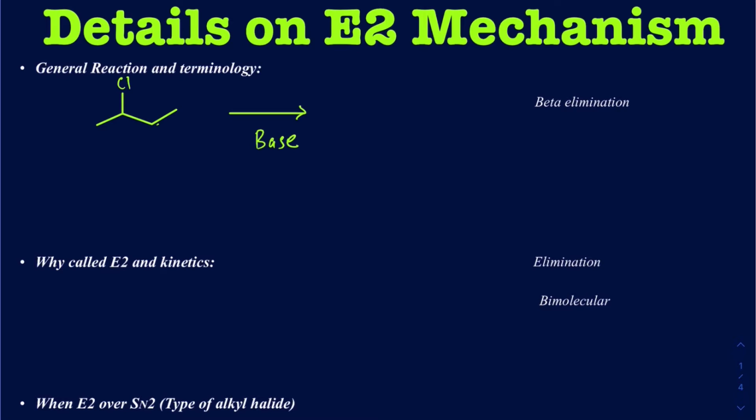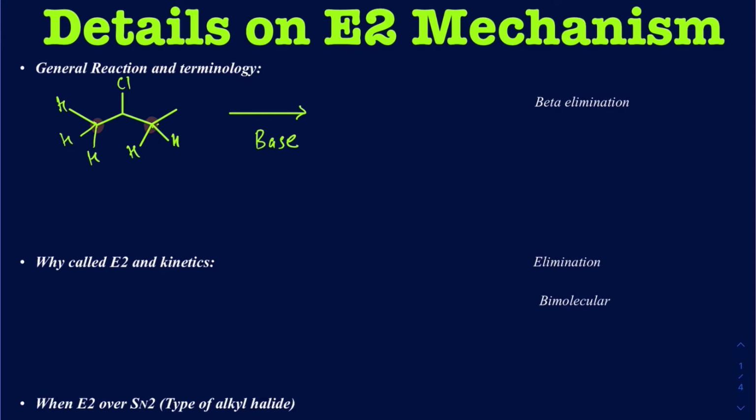In this case, I have two carbons adjacent to the carbon bearing the halogen: a carbon on the left side and a carbon on the right side. Both of those are counted as your beta carbons, and the protons on those beta carbons are called the beta protons. So I have two protons right here, and obviously three protons right there.